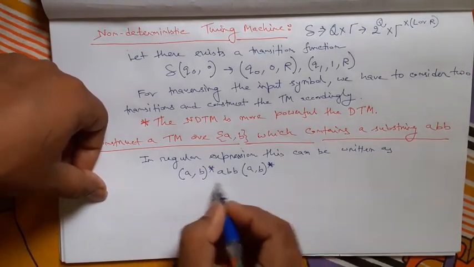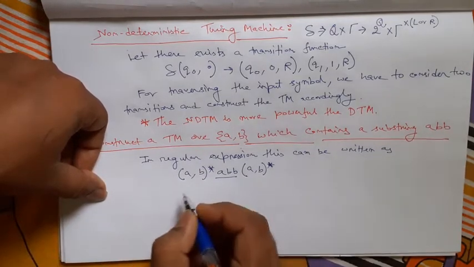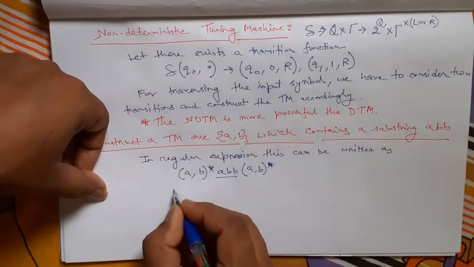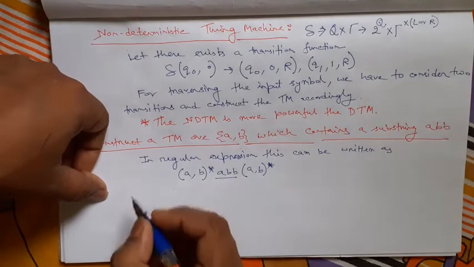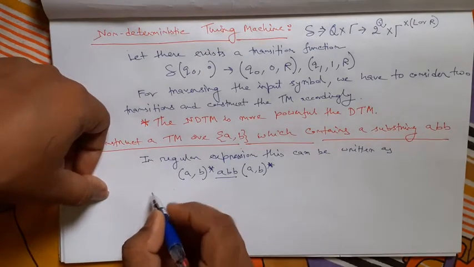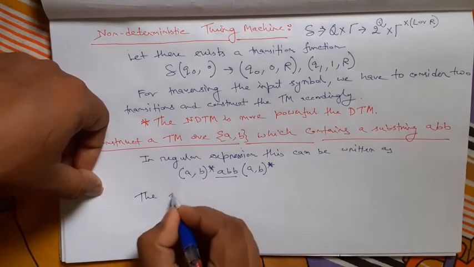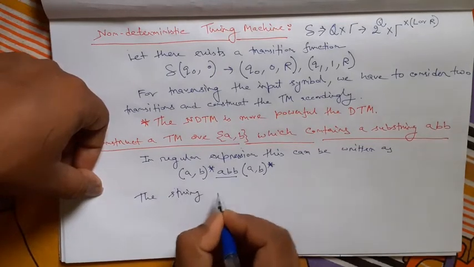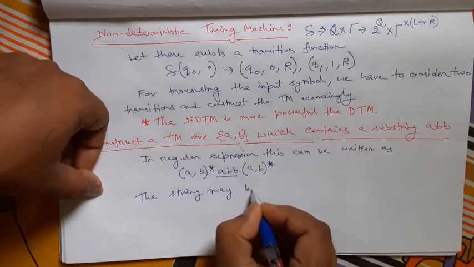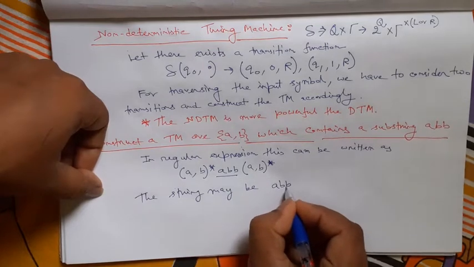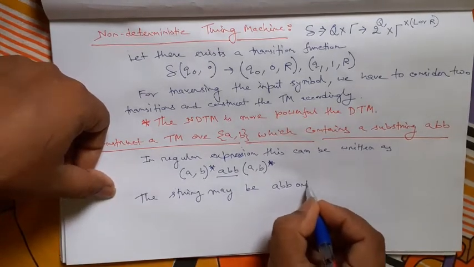In this expression the substring is very important. So the string may be abb only, this is possible.